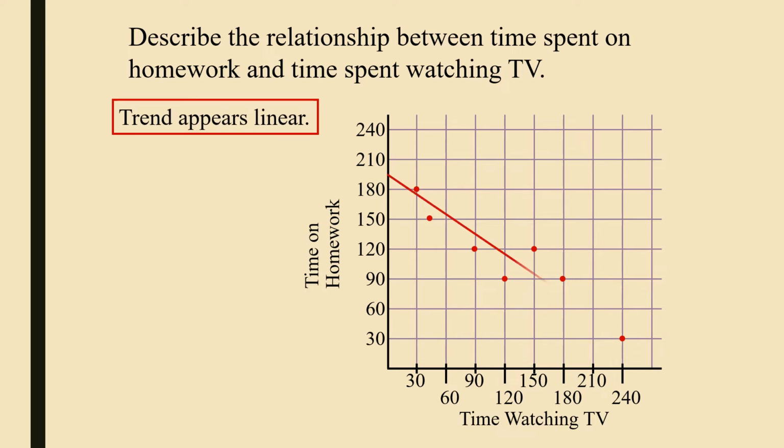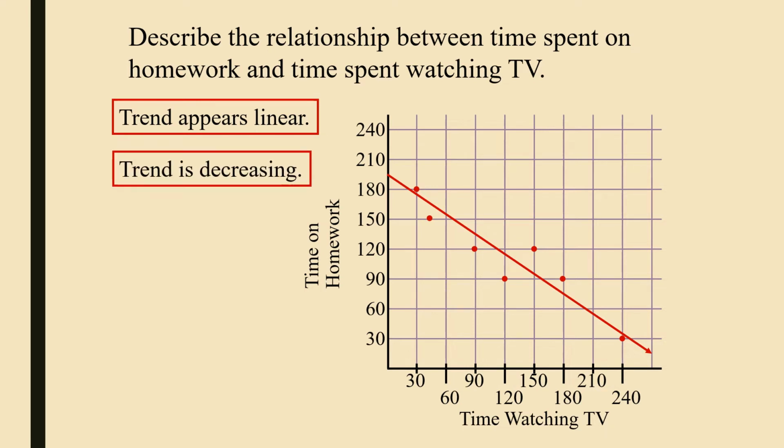Now you discover that in this case, the trend appears linear. You have a downward trend. The trend is decreasing. As the time on TV increases, the time on homework decreases.